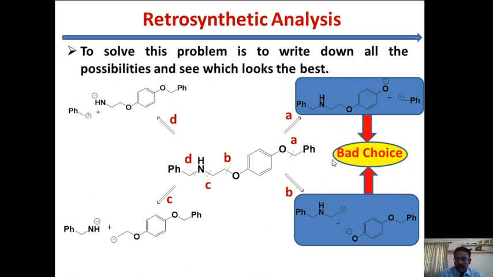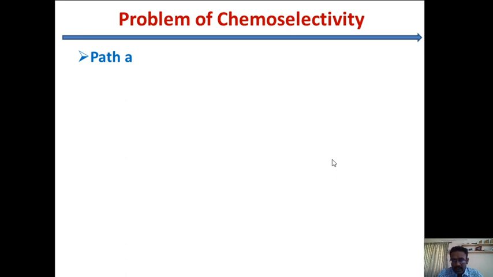You can simply eliminate them at first look itself. So that we will see in this next slide. So what is the problem here? As I already told, we have a chemoselectivity problem, the guideline number 3. Whenever you have a chemoselectivity problem, you have to go for the most reactive atom, that most reactive bond that you have to break first. Okay, keep in mind that we will arrive at that decision only at a later stage.